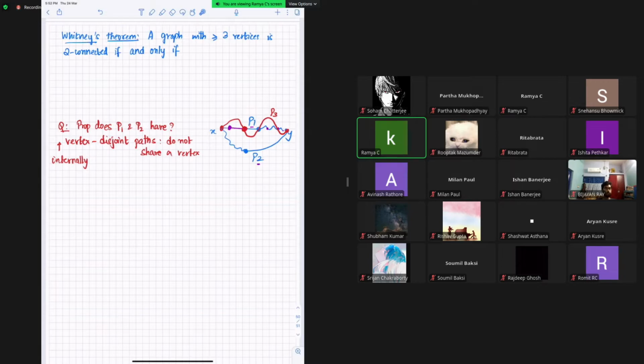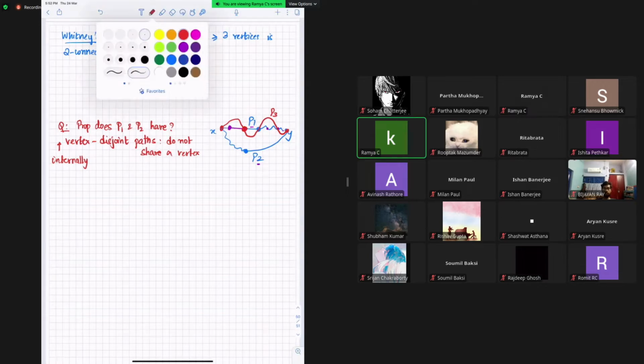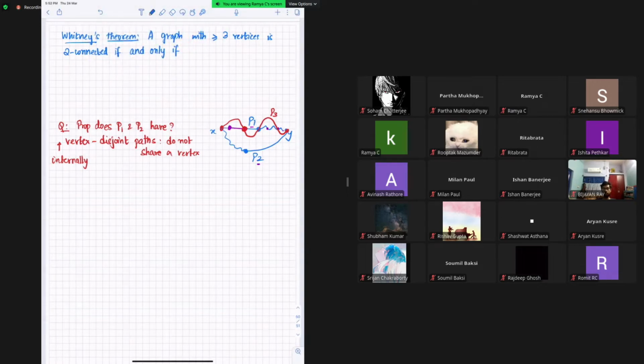Now can someone try to fill this if and only if condition? Let's see. If there are at least two internally vertex disjoint paths between which two vertices? Like all pairs of vertices, right?